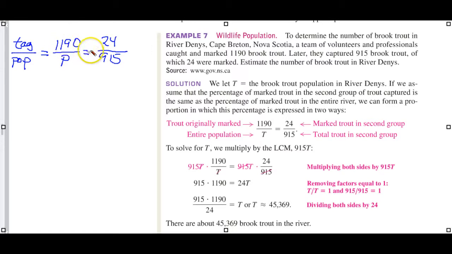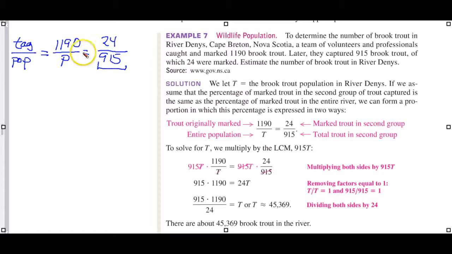Then you went out another day and you caught as your total population 915, and of those 24 were tagged. So this was the tagged to the total population, tagged to the population again that you sampled.